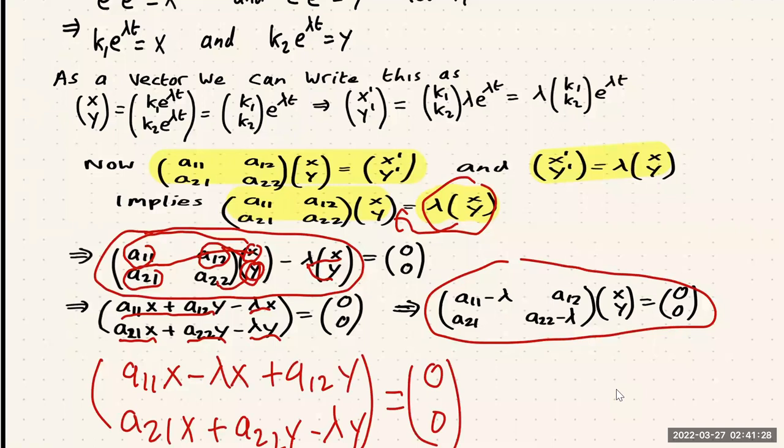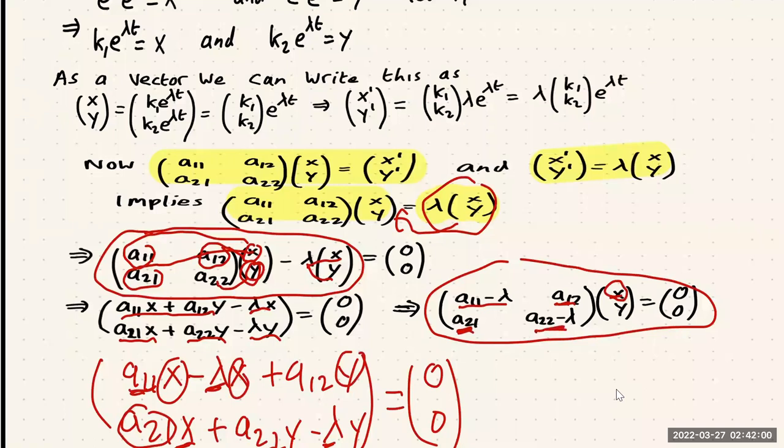So in matrix form, I can take out the x's, leaving a11 minus lambda. Taking out the y, I'd have a12 left. Below, taking the x out, I'd have a21 left, and taking the y out, I have a22 minus lambda left.